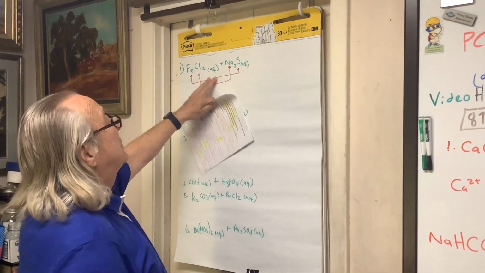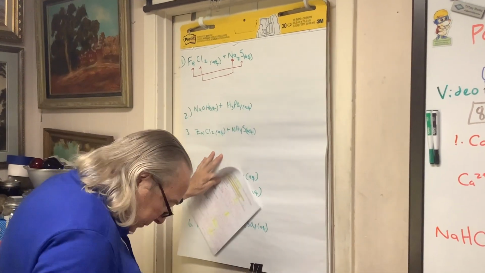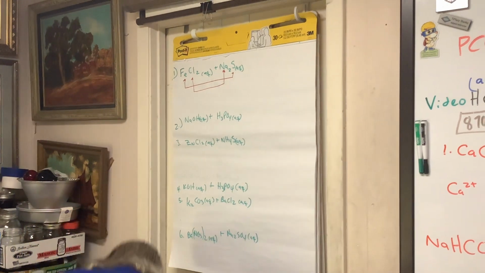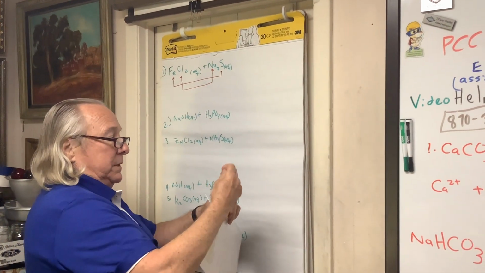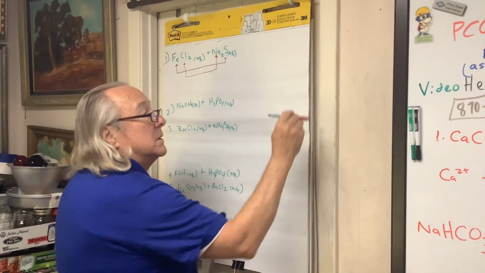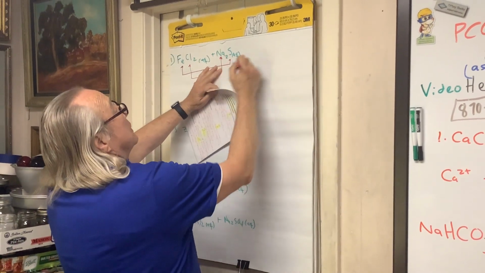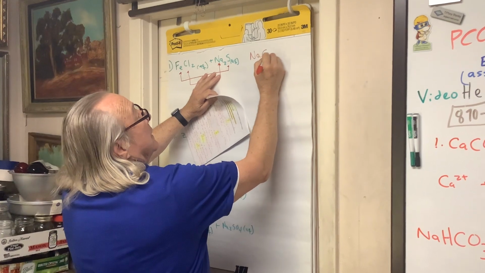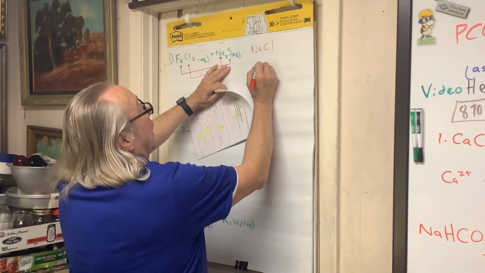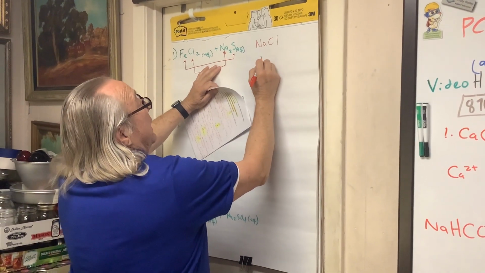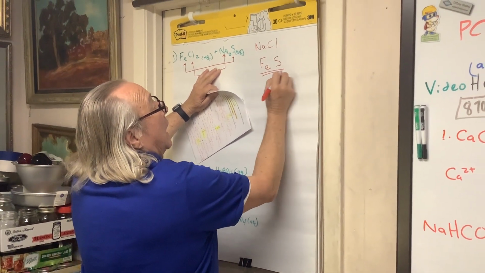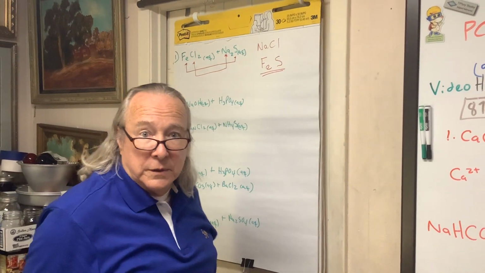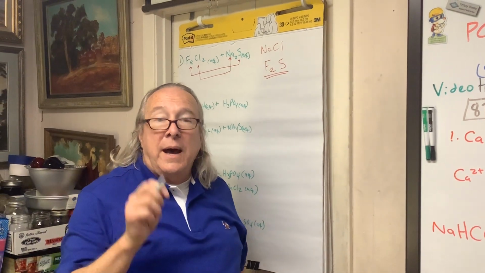That sodium chloride is soluble, but this new compound, FeS, iron sulfide, is insoluble. How do you tell?